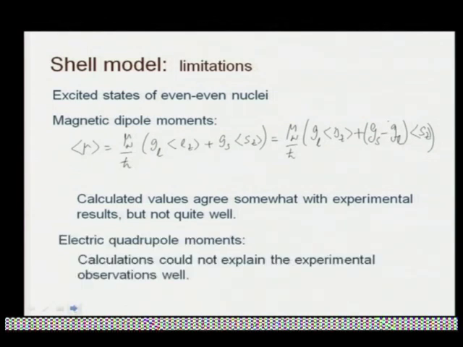Similarly, for the electric quadrupole moment, you can again compute these things. We will not go into the details, but you will see that here it fails even more; the predictions are even worse than the magnetic dipole moment predictions.